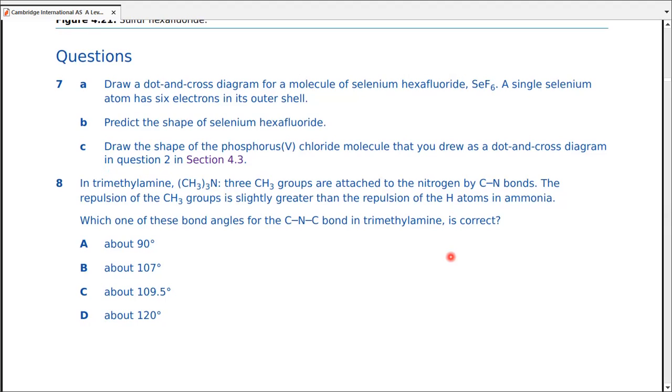Do you have a hard copy of the book in front of you right now? Yes, sir. Good. You can go to the previous or this page and try finding out a similar structure so that you can answer the question. I won't ask you to draw the dot and cross diagram. Let's come to part B, predict the shape.